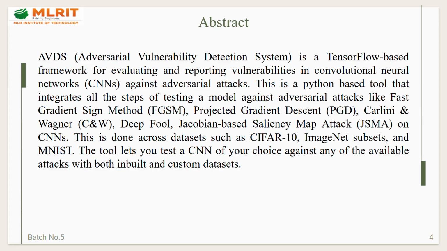These attacks include FGSM, PGD, CW, DeepFool, and JSMA. These attacks help one test the robustness of the model across the spectrum. These tests were done across various datasets such as CIFAR10, ImageNet, and MNIST.